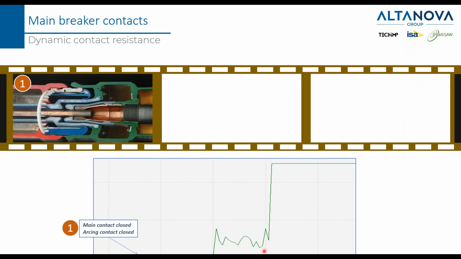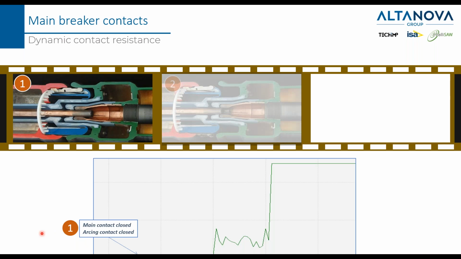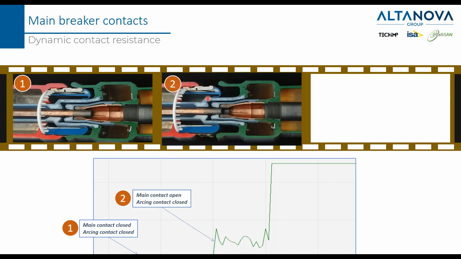So this is a real measurement in the field that we took some time ago. This represents the value when the main contact is still closed. Then the main contact starts to move.